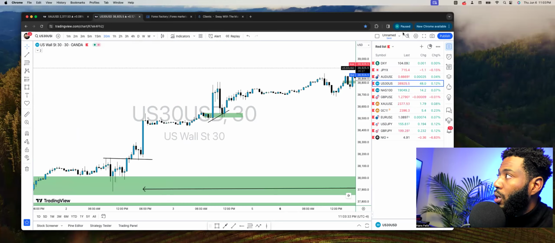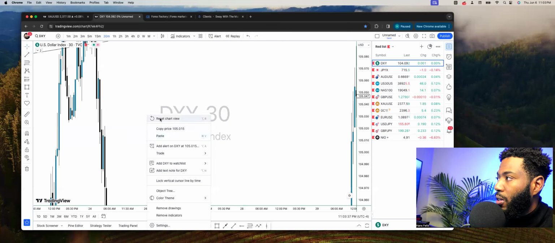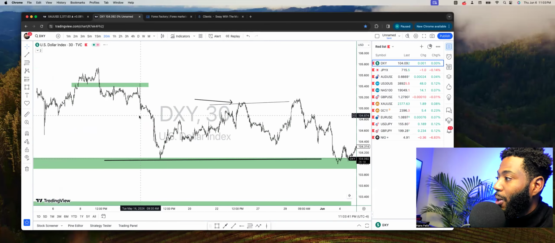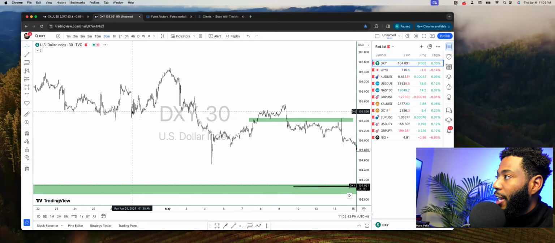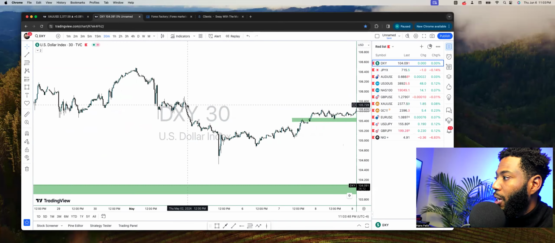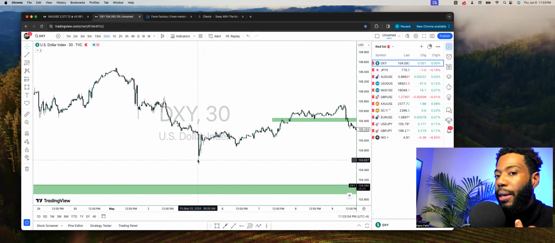So if we go on the dollar index, which gives an indication of the markets, when news came out that 3rd of May on Friday, you see at 8:30 that thing tanked, right? Because the numbers came out not so good.